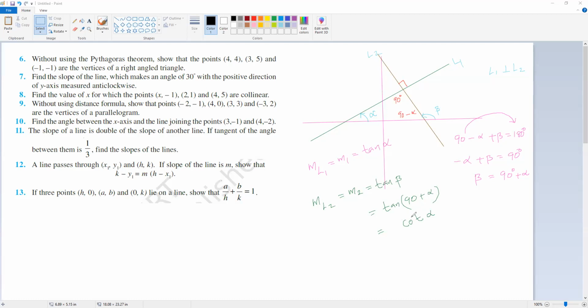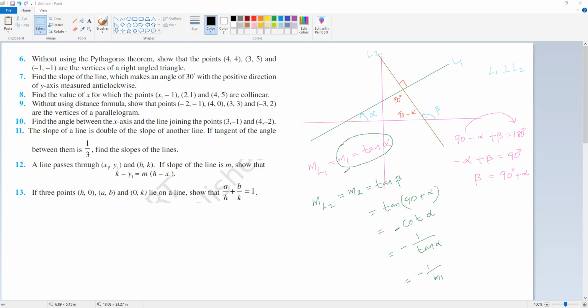But 90 plus means second quadrant, where tan is negative, so it is negative cot alpha. Are you understanding? Very important point I am saying. Negative cot alpha is the reciprocal of tan, so minus 1 by tan alpha, that is minus 1 by m1. Tan alpha is m1.